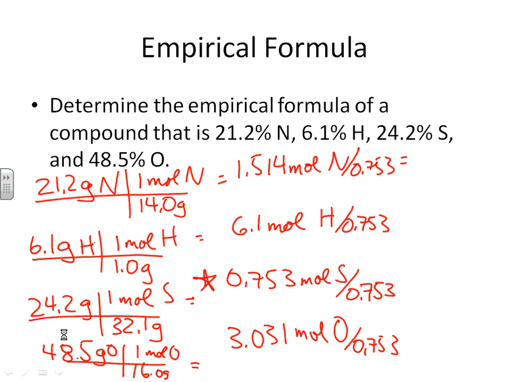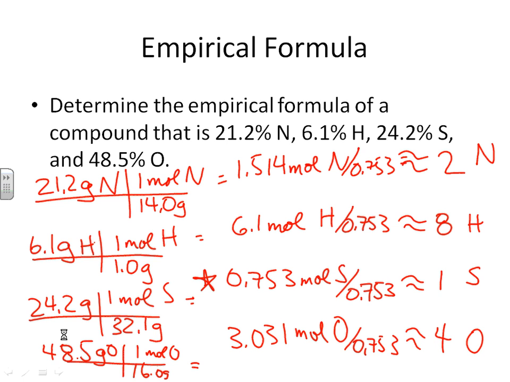And when we do that, here's where we're going to approximate. This turns into approximately 2 for the nitrogen, approximately 8 for the hydrogen. That's obviously 1. It's not approximate, it is 1 for the sulfur. And the oxygen is approximately 4.